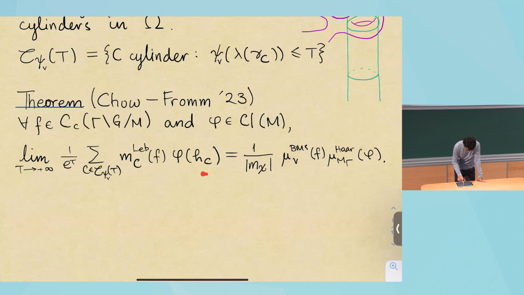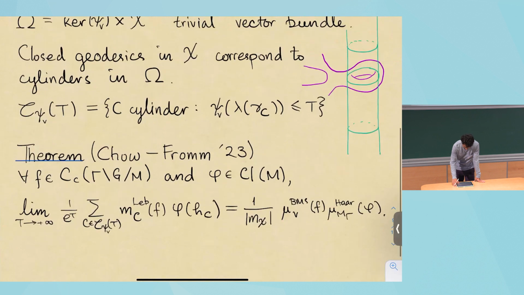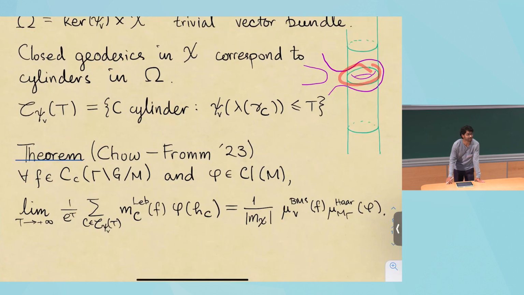Then evaluate this class function on h sub c. What is h sub c? It's the holonomy associated to this geodesic in the base space.